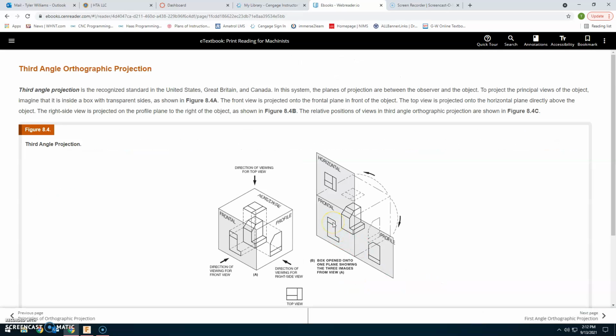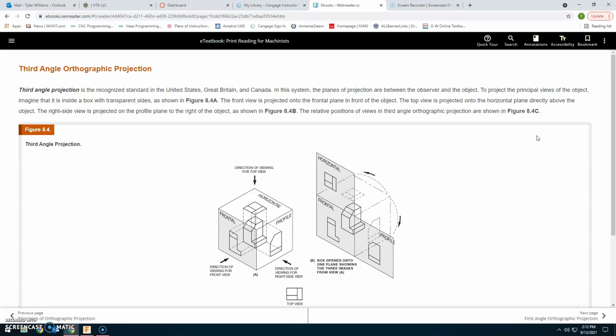Third angle projection is the recognized standard in the United States, Great Britain, and Canada. In this system, the planes of projection are between the observer and the object. To see the principal views of the object, imagine that it is inside a box with transparent sides, as shown in figure 8.4a.